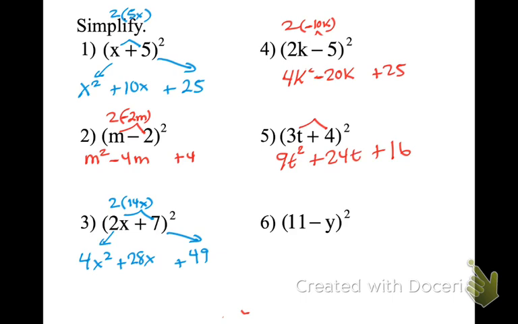Okay, next one, Jean. First term. 121. Good. Last term. Negative y times negative y makes positive y squared. Be careful. Keep going. Negative 22y.